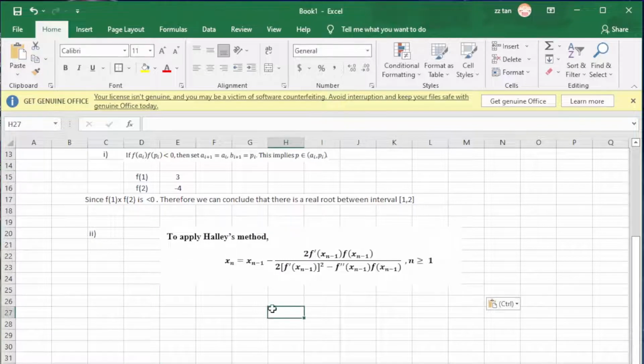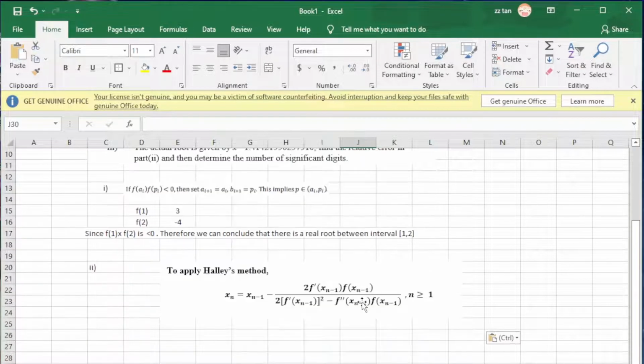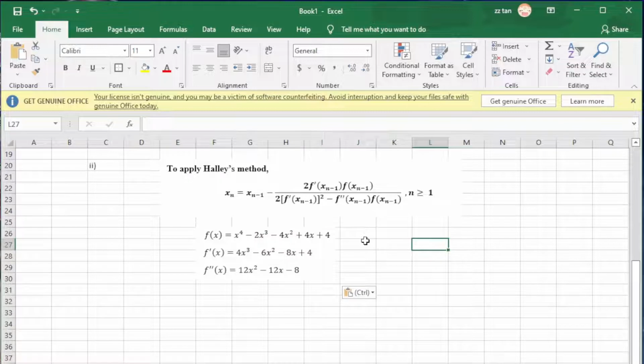So in order to apply the Halley's method, this is the formula of the Halley's method. In this formula we need to find the first derivative of f(x), and then we need to find the second derivative of f(x). So this is our first derivative of the root finding problem and the second derivative.